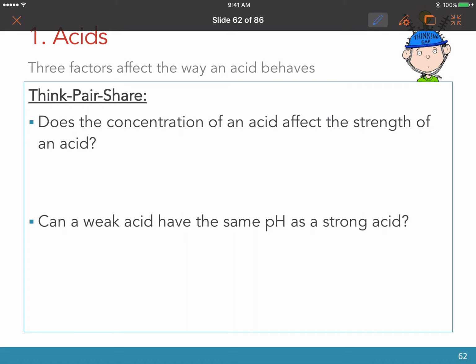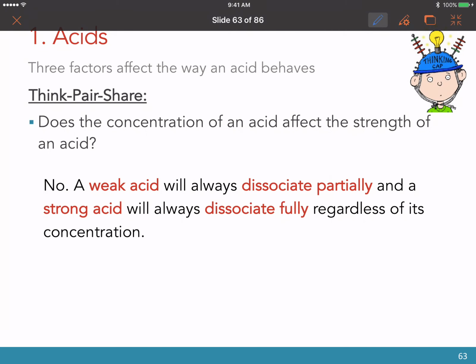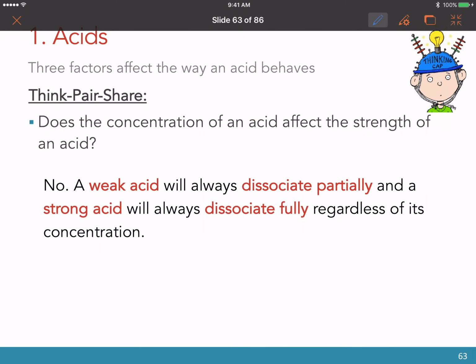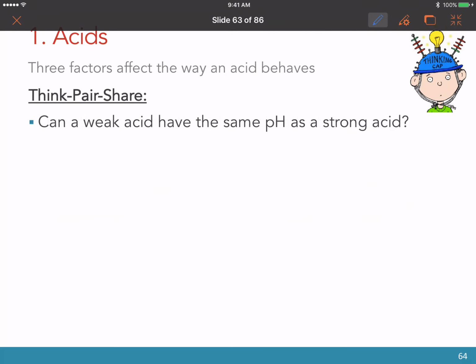Okay, do you think the concentration of an acid affects the strength of an acid? Now, a lot of students always think so, but this is actually a common misconception. A weak acid always dissociates partially, and a strong acid always dissociates fully regardless of the concentration. Okay, if you don't understand, I will explain with an analogy, so just copy down this statement.